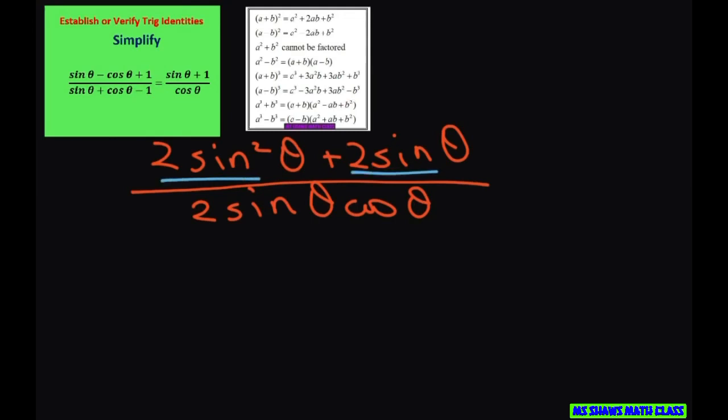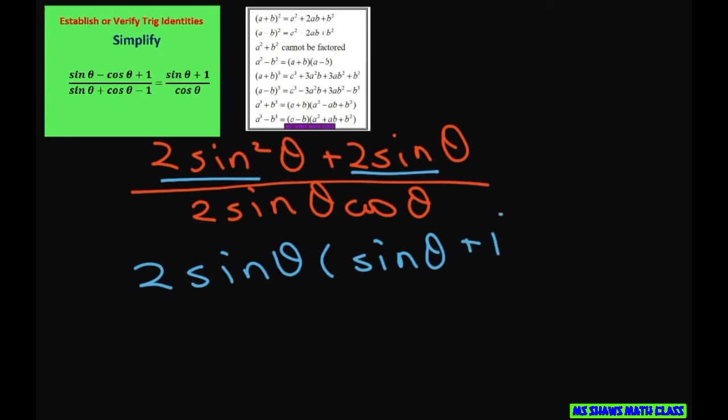They each have 2 sine. So let's factor out a 2 sine, and we're left with sine of theta plus 1. So what I can cancel out is the 2 sines. I have factored that out.